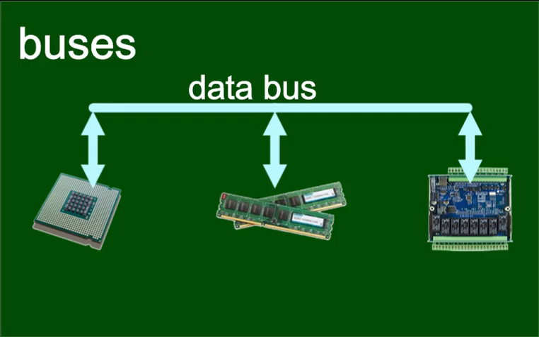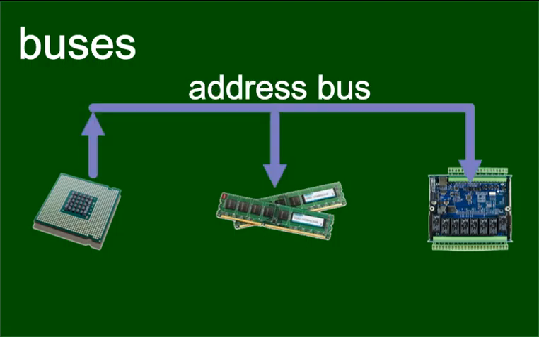So we've got the control bus, and we've got the data bus. Now just notice the arrows. Okay, they are two-way arrows on the control bus, two-way arrows on the data bus. Now the other bus we have is the address bus. Now notice the arrows. The arrows are not two-way here.